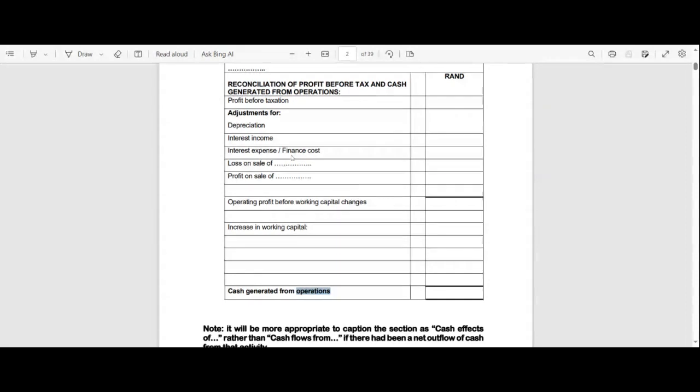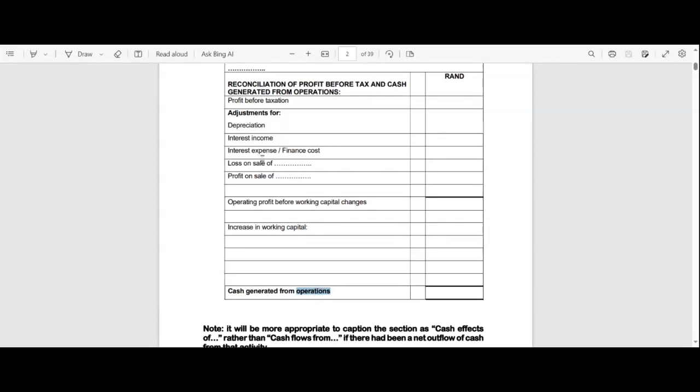So that is our first kind of adjustment, something like depreciation. Depreciation, as we'll see later on, relates to investing activities, right? So it's not part of your operations. We'll talk about those items later on.